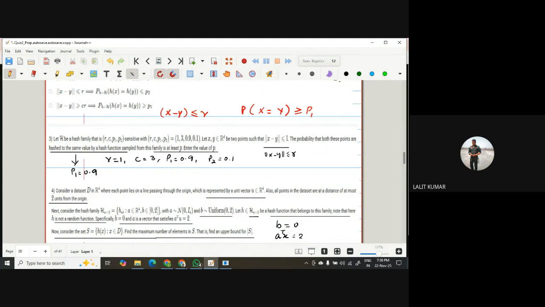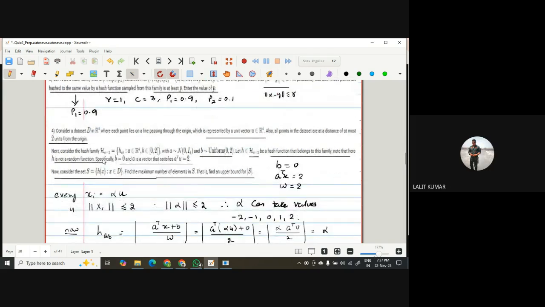Here, if you see, the norm of X minus Y, the R value, is 1. They are asking for the probability that both these points are hashed to the same value by a hash function, H(X) is equal to H(Y), is at least P. At least P means P1. Is that okay? Yeah. Okay.